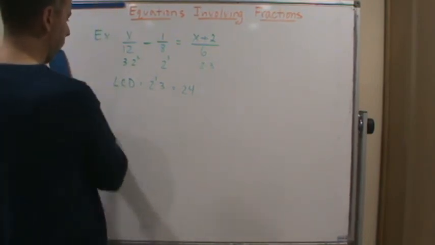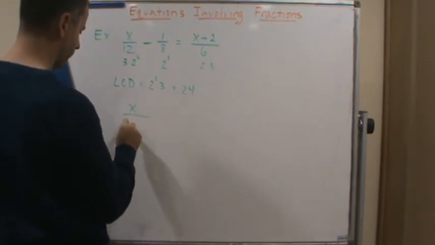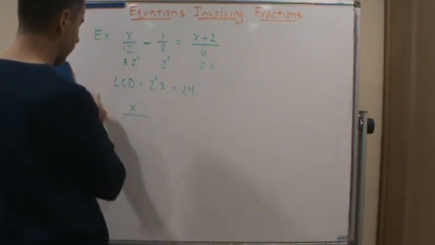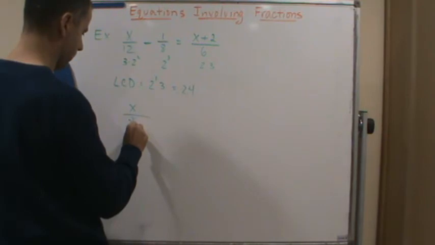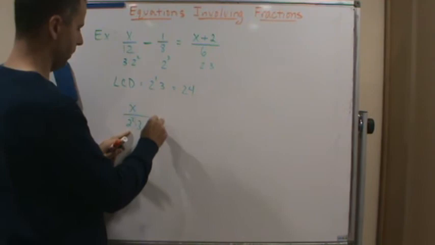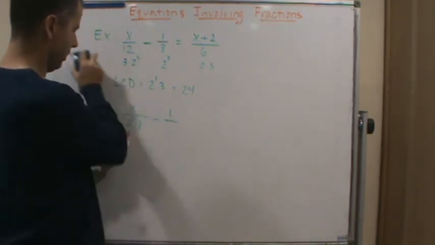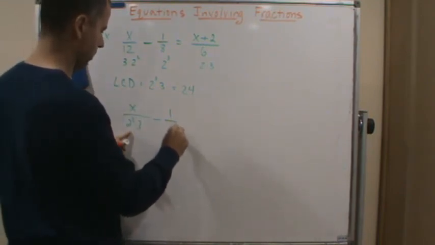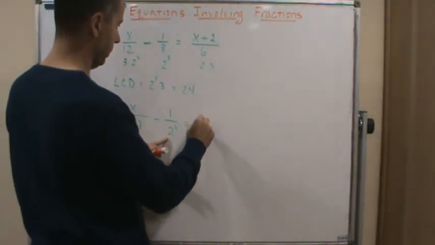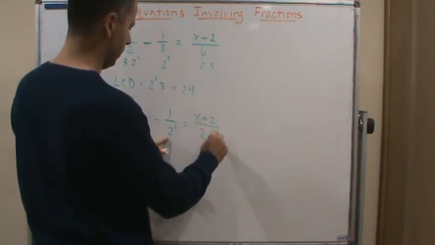So I have x over this, which I just factored, minus 1 over 2 cubed, equals x plus 2 over 2 times 3.